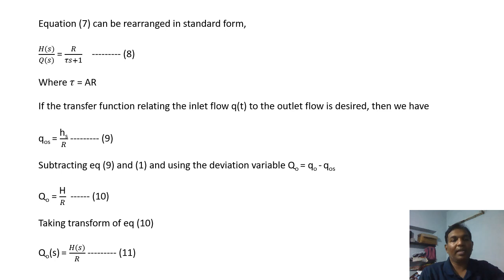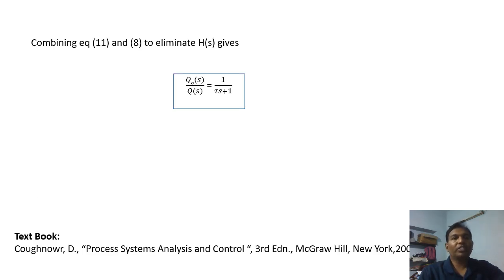So if you subtract equation number 9 and 1 and use the deviation variable Q0 is equal to q0 minus q0s, you will get capital Q0 is equal to H by R. And taking the transform of this equation, we will get Q0 of s is equal to H of s by R. So combining these equations will eliminate H of s and we will obtain the overall transfer function Q0 of s by Q of s is equal to 1 by tau s plus 1, which is the standard form of the first order transfer function.